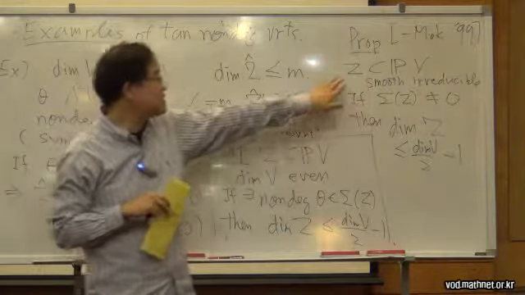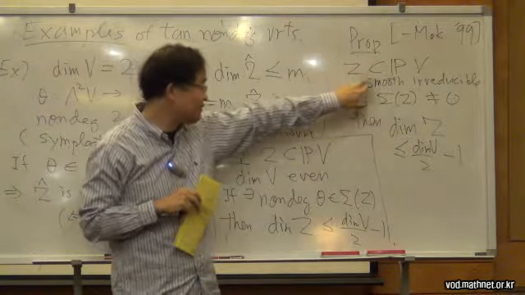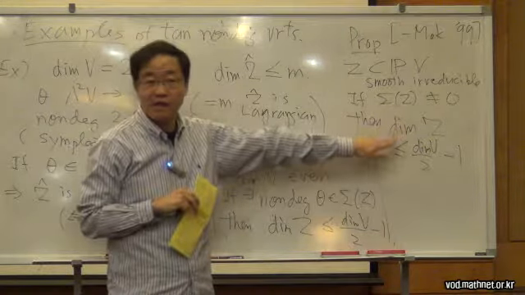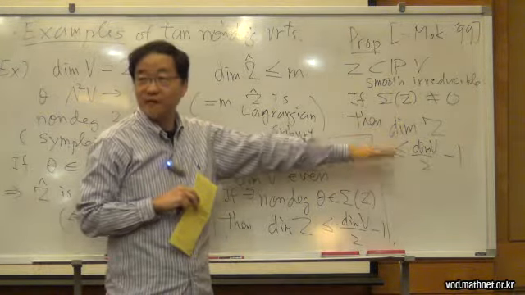So as long as Z is tangentially degenerate and smooth, its dimension cannot be bigger than this.